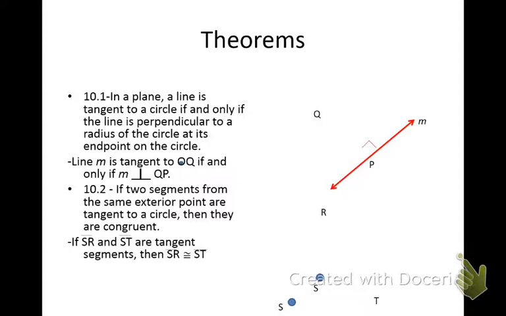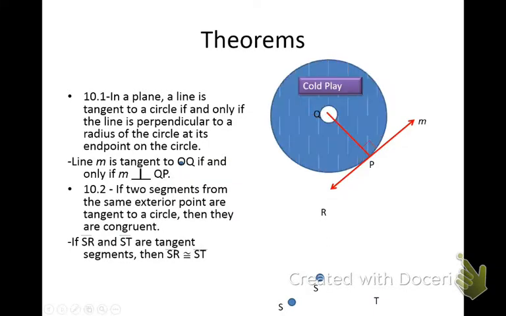Theorems. So some theorems from this section. In a plane, a line is tangent to a circle if and only if the line is perpendicular to a radius of the circle at its endpoint on the circle. So we've got P, the endpoint of the radius, here.